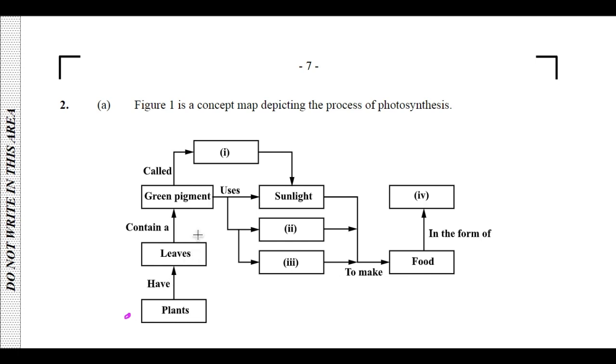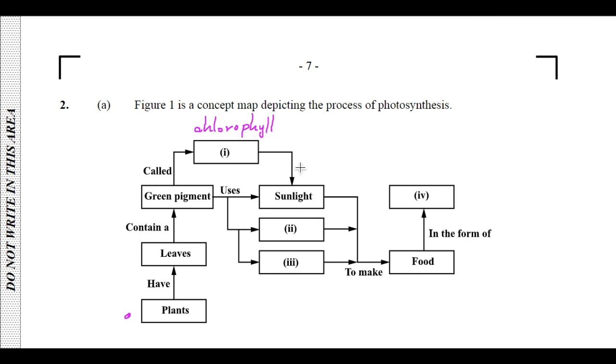Plants have leaves that contain a green pigment called, well, we know it's chlorophyll, right? Because again, we are not looking at the question yet. We're going through the diagram. So we'll deal with that later on.